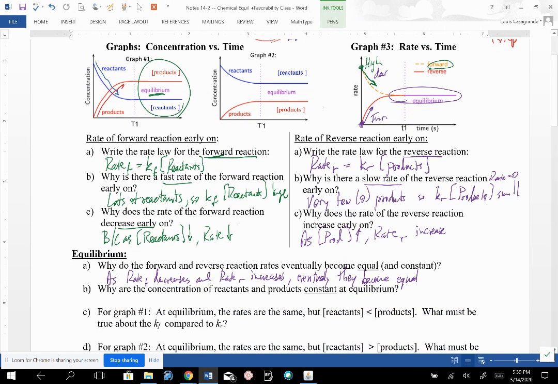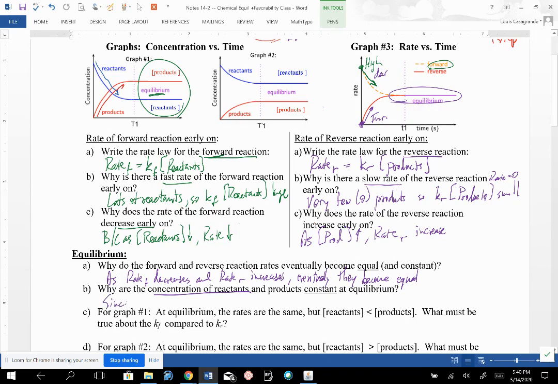Now, you can't generally see these rates happening, and especially if the rates are not changing anymore, you're never going to be able to do something like the iodine clock lab here because you're never going to get to that point where something's going to change color for you. So we're going to look at the concentrations of the reactants and the products as an indication of equilibrium. And here's what's going on.